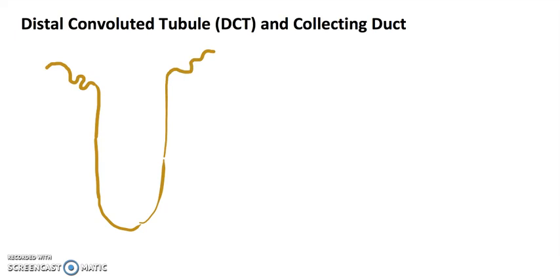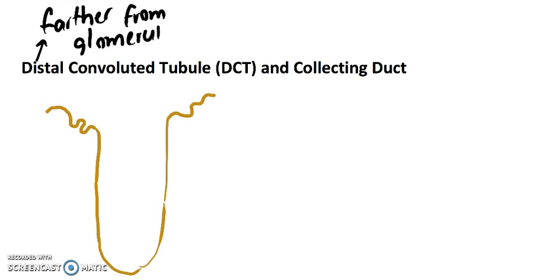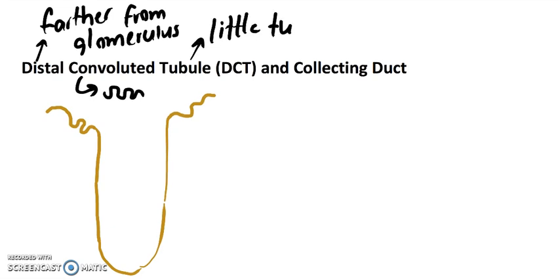We call this the distal convoluted tubule. Distal because it's farther from the glomerulus. Convoluted because again it still has that squiggly shape. And tubule, all that means is a little tiny tube. So this is the distal convoluted tubule.